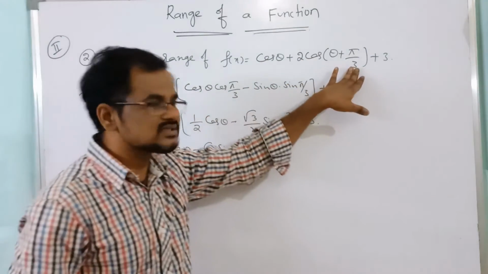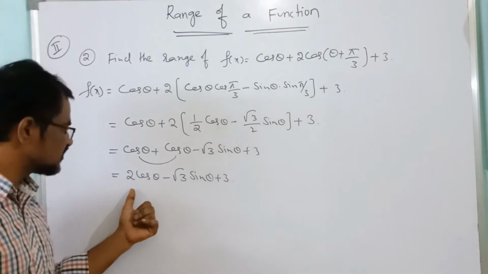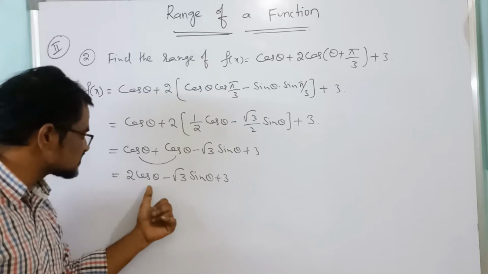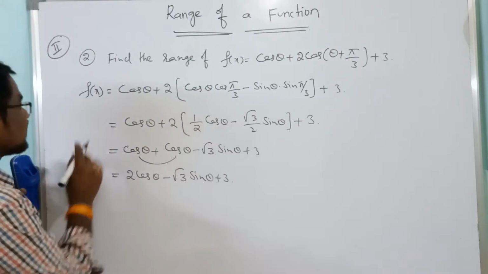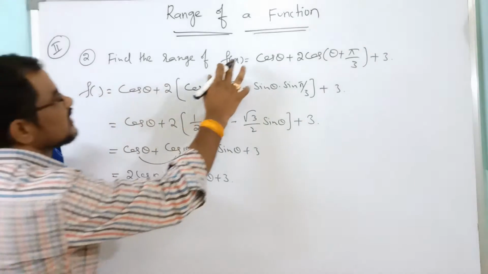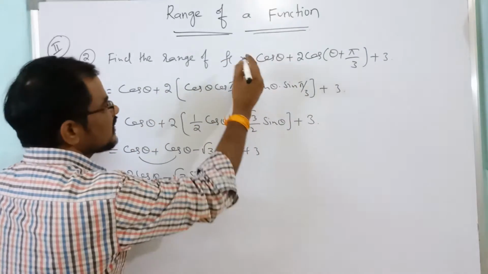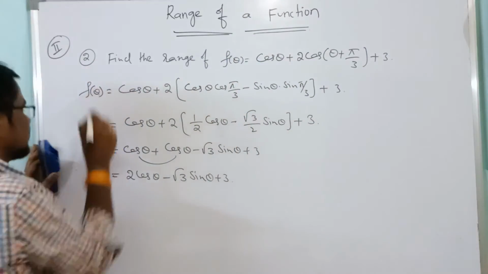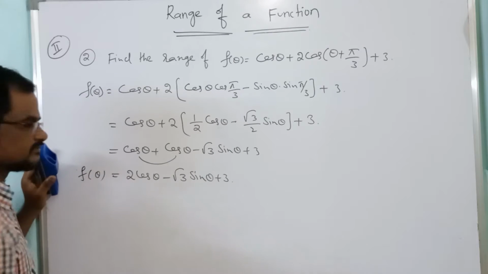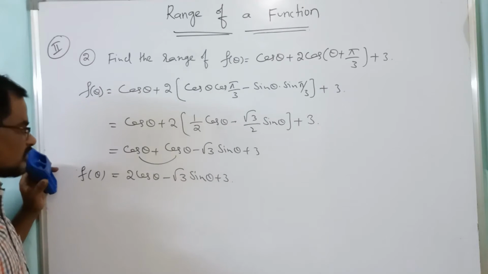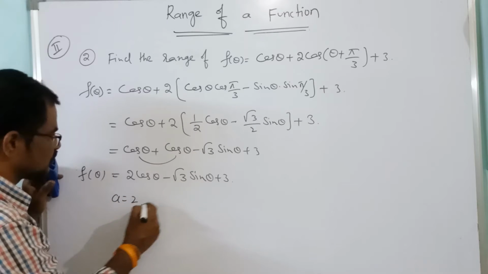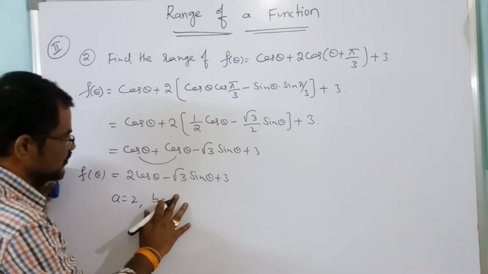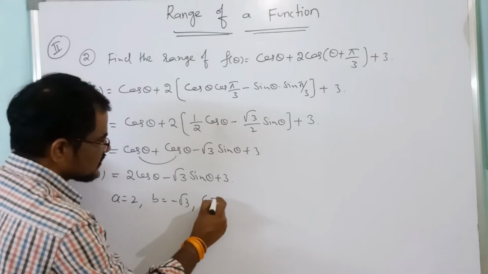So this is in terms of theta, so I will take f of theta. Now a cos x plus b sin x plus c: a equal to 2, b equal to minus root 3, and c equal to 3.